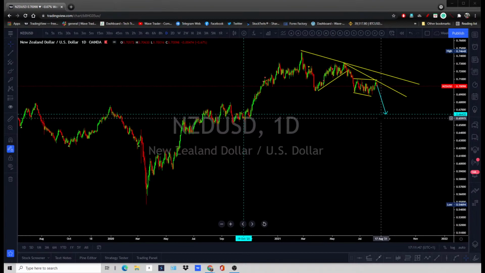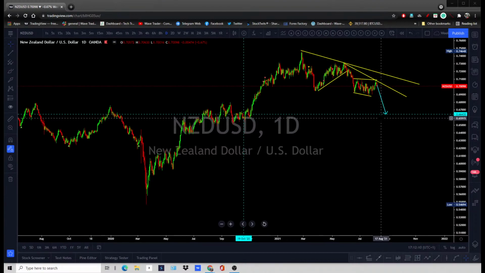All right, so some central banks are trying to be hawkish, some central banks are still dovish, and some central banks are planning to be hawkish. The Bank of Japan is still behind all the other major banks. They are still dovish.